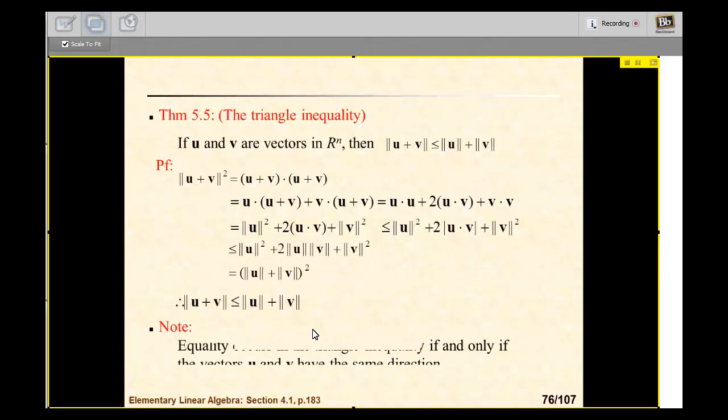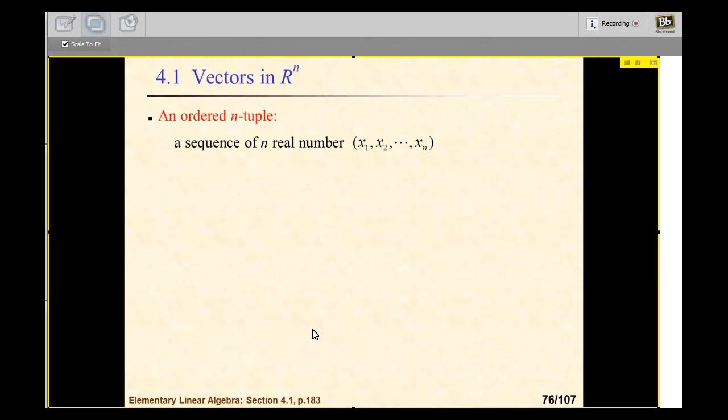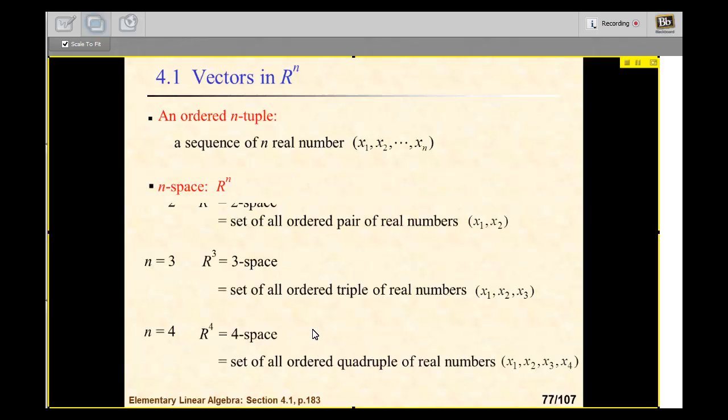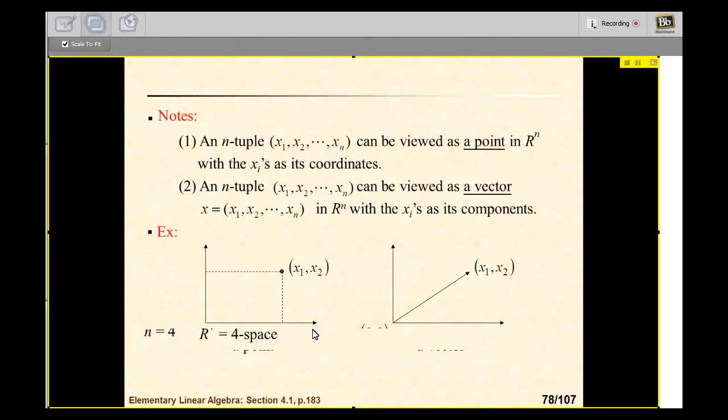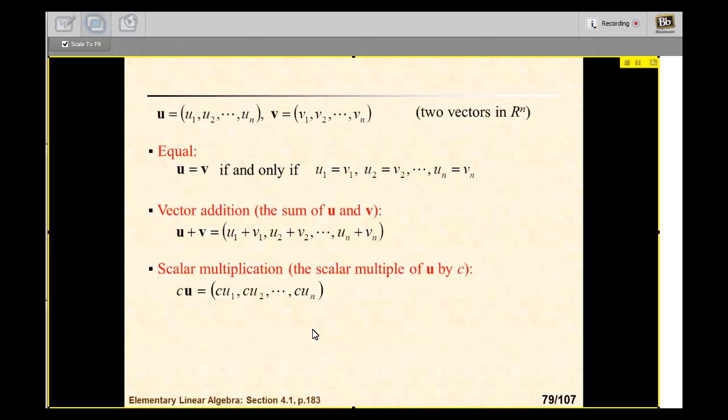So the triangular inequality, this is the theorem. You can see this theorem and vectors in Rn. These slides we will discuss in our face-to-face class. So hopefully you understand all these things.